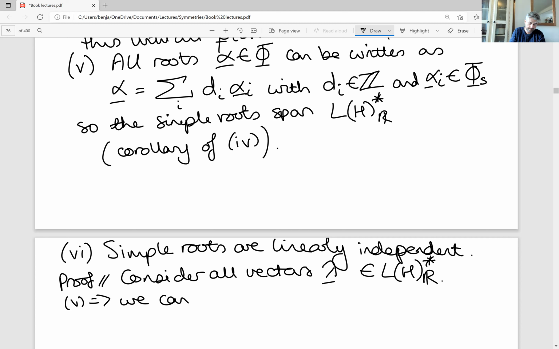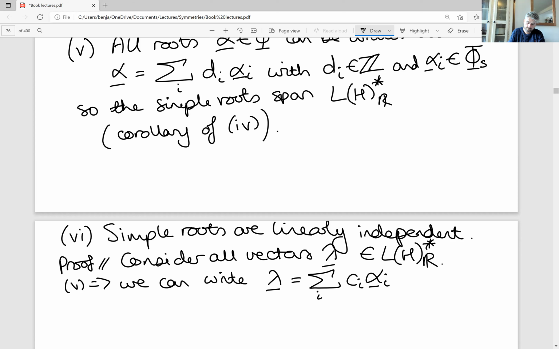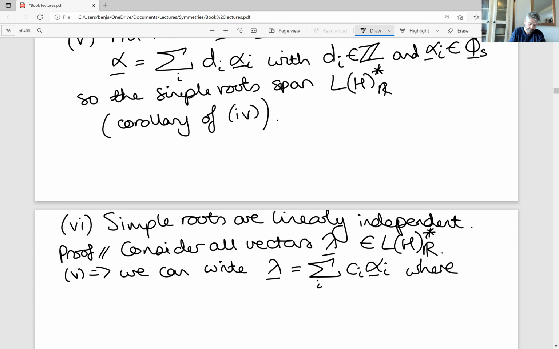So we can write lambda as some coefficients times alpha_i, where now the coefficients are real and alpha_i are simple roots.